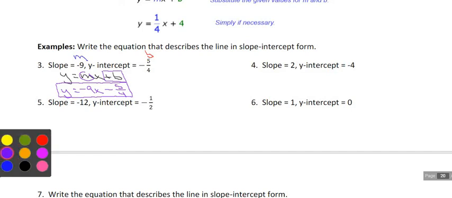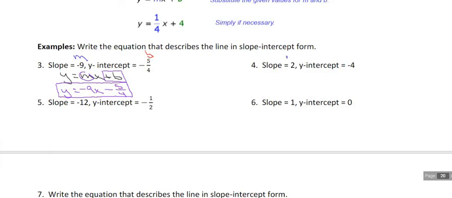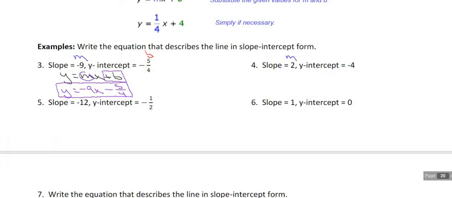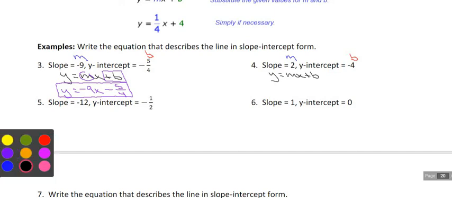Number 4. Your slope is 2, that's m. The y-intercept is -4, that's b. We need to start by writing y equals mx plus b, and we're going to put the slope in the m, the y-intercept in the b.